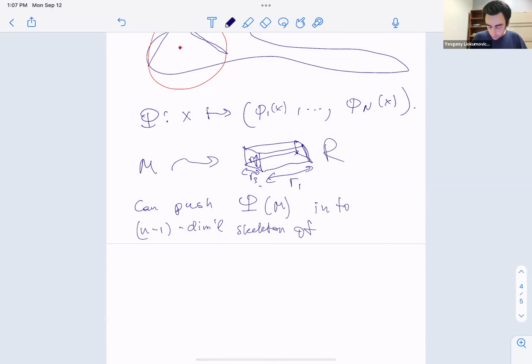So this is, let me call this Q, we call this rectangular nerve Q.